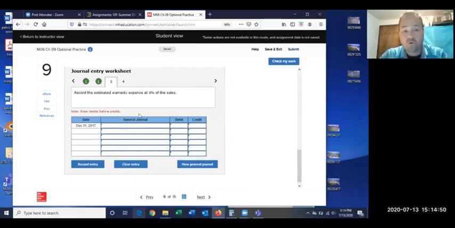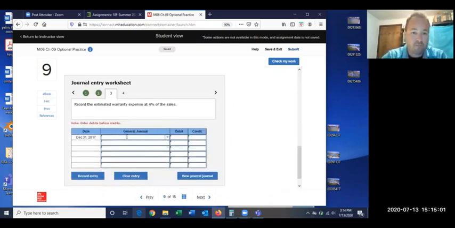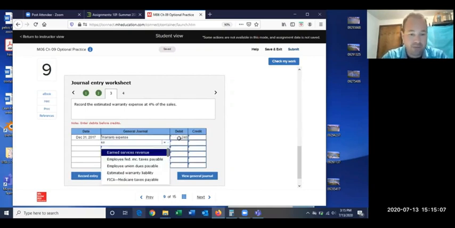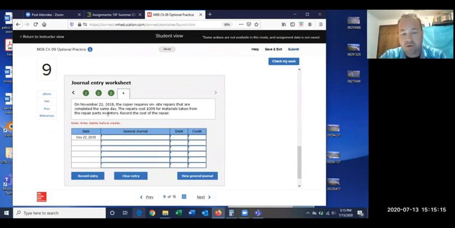Now we're going to go ahead and record the warranty expense for the year of the sale. And that was $240. Warranty expense $240, and credit that estimated liability, estimated warranty $240. And then finally, now we're in 2018, we need to record the cost of that $209.